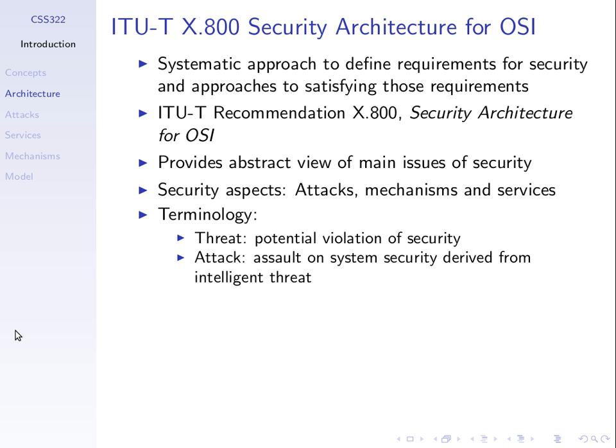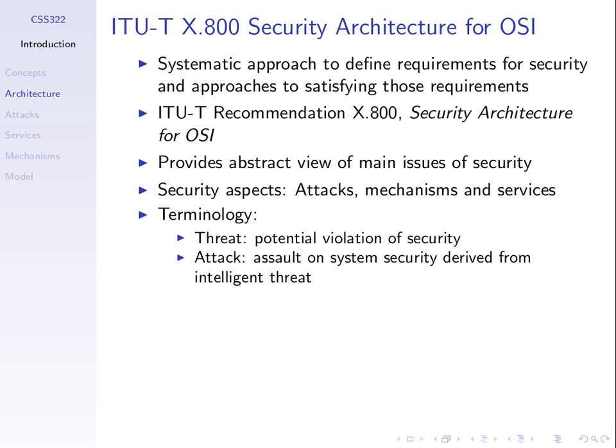Organizations need some way to design their computer systems to prevent security attacks and detect security attacks. So this standard defines some methods that they can use: how to define the requirements for security, and mechanisms to satisfy those requirements.